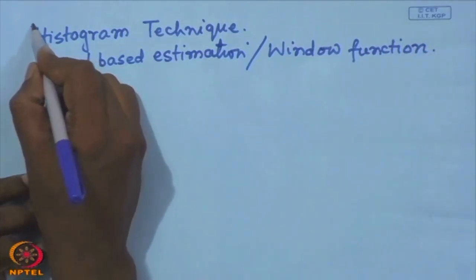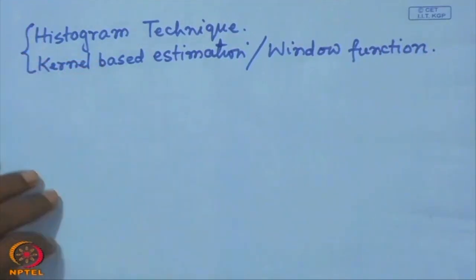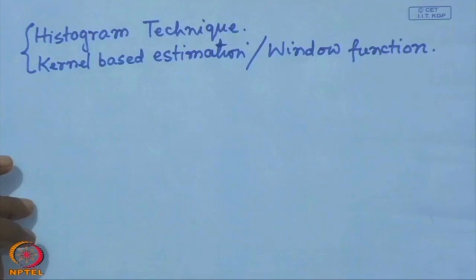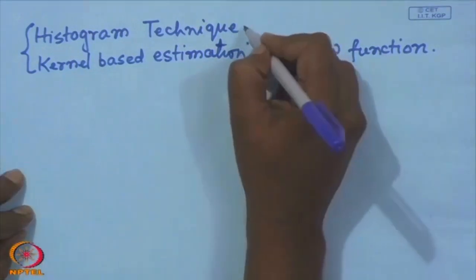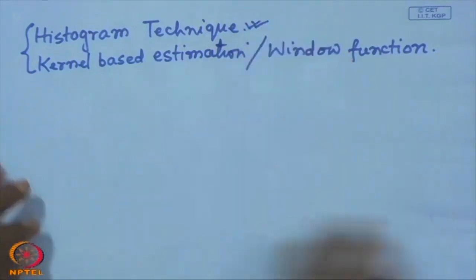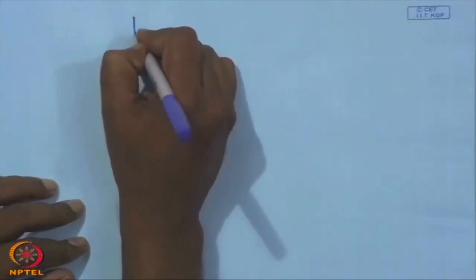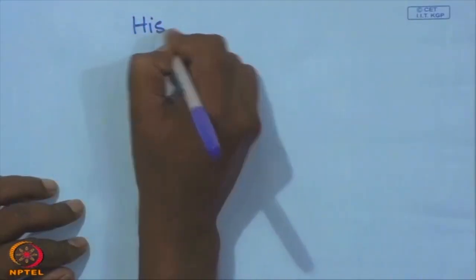So, we will mainly discuss these two different techniques for probability density function estimation. First, we will talk about the histogram based technique, and see what it is for probability density estimation.